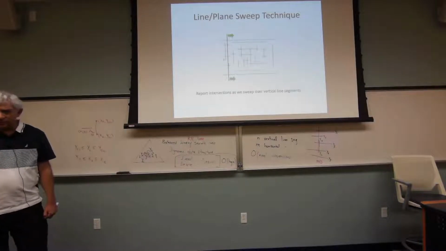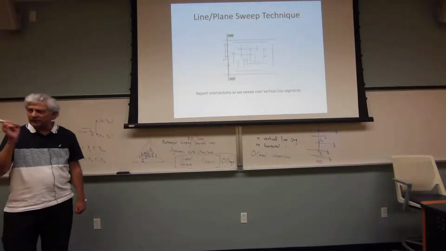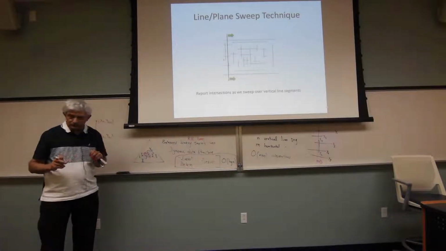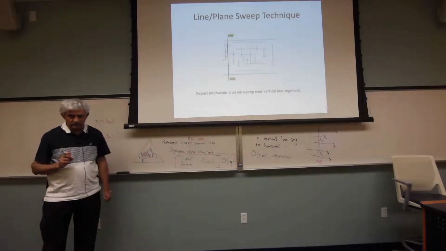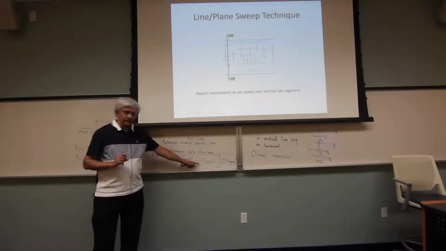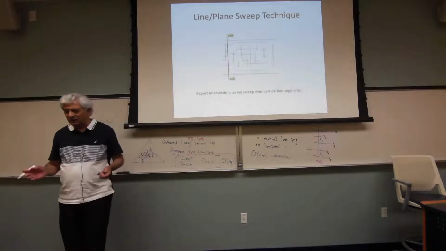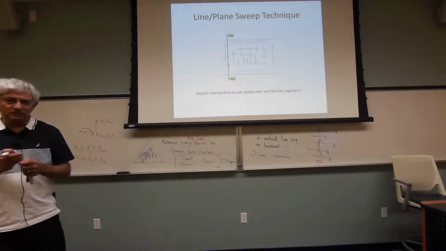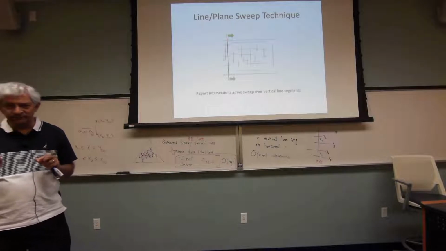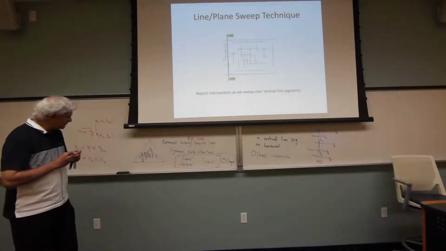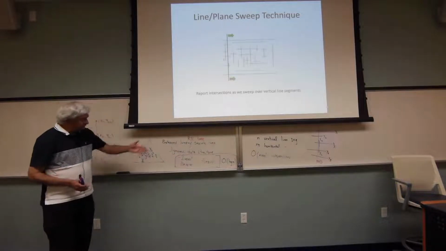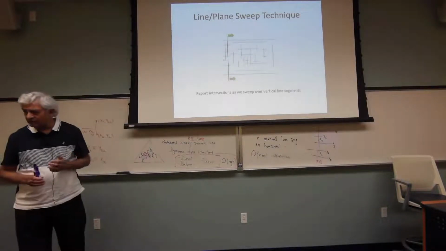Okay, so I can just simply go through the red-black tree and figure out which ones lie between YL and YU, and I'll report all those. So I may have to add an extra operation here that says, let me give you two values, give me all the values in the red-black tree that are between these two values. And that's a simple operation. And over here, you'll end up reporting all your intersections.